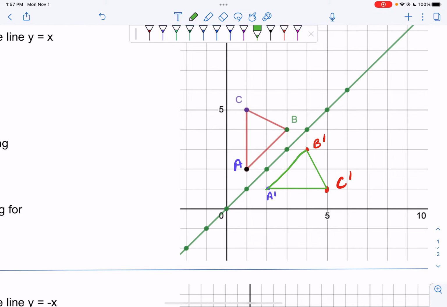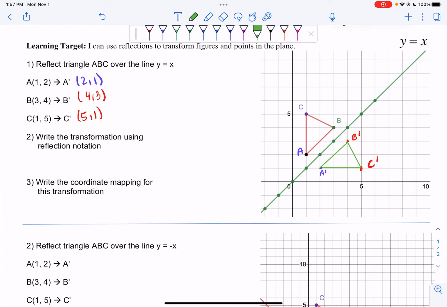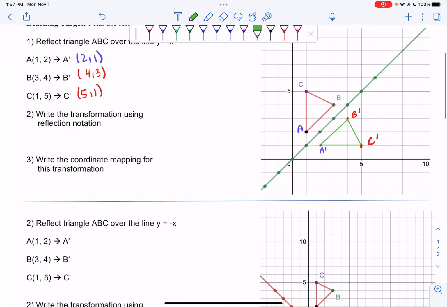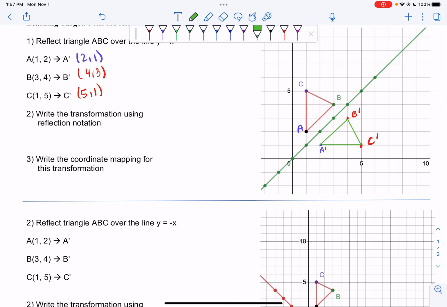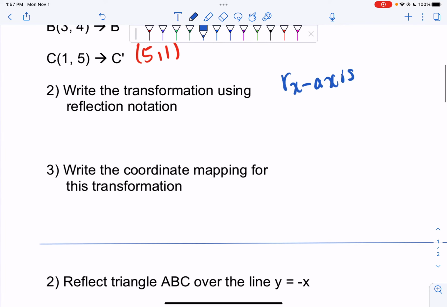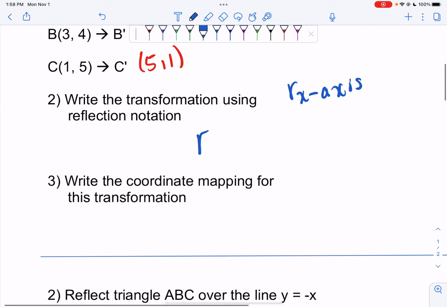What we just did was a reflection over the line y equals x. Now, how we would write this using reflection notation, similar to yesterday where we did reflection over the x-axis, we would write a lowercase r, and right next to it we would put the equation y equals x.